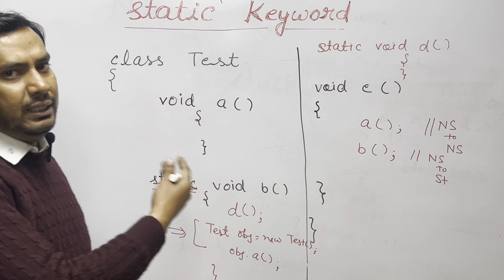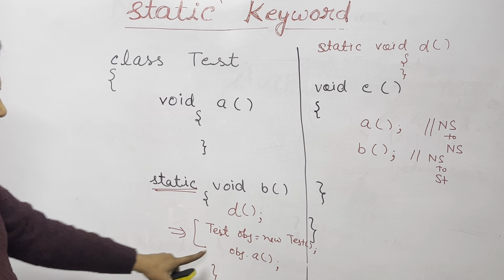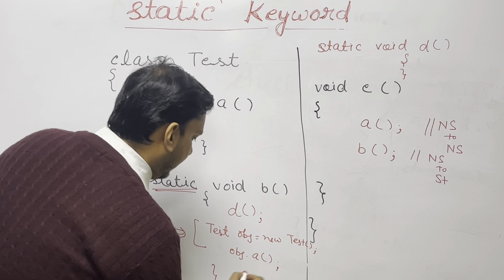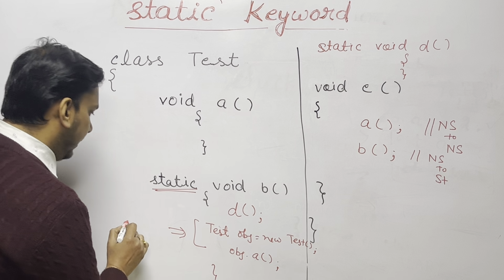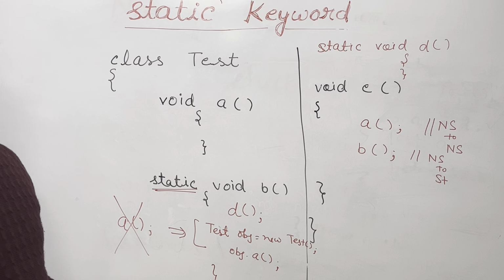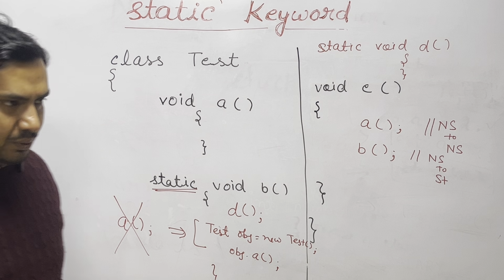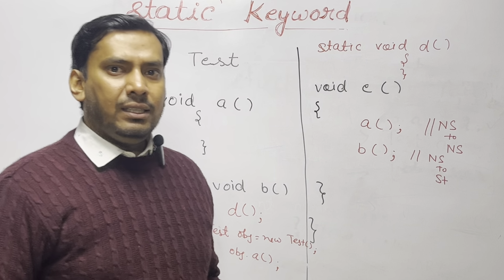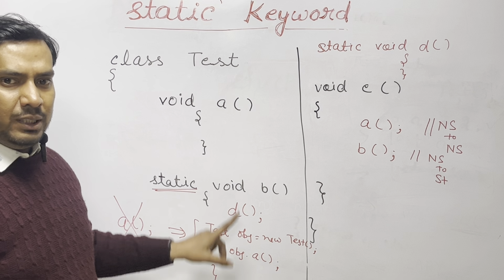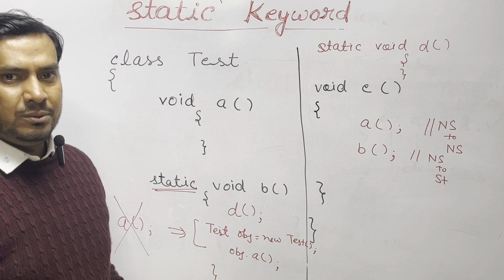It may be a non-static data member also. If you try to write directly A here instead of this, it is a compilation error. It will give you a compilation error saying non-static function A cannot be called from the static context.